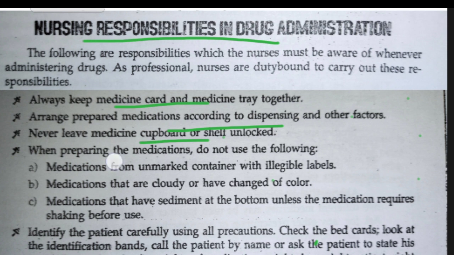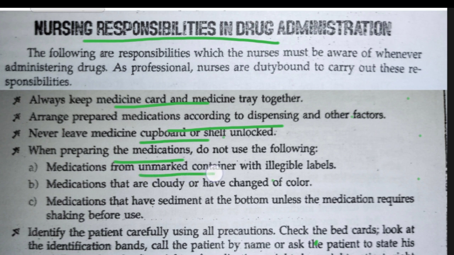And what are the medications that should not be given to any patients? If you're not aware of what kind of medicine it is, you should not give that medicine randomly to the patient. You should be well aware of the medication, and then give it to the patient.